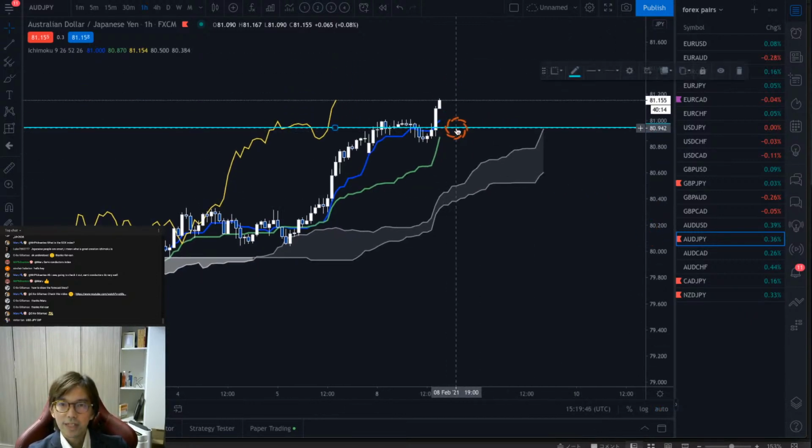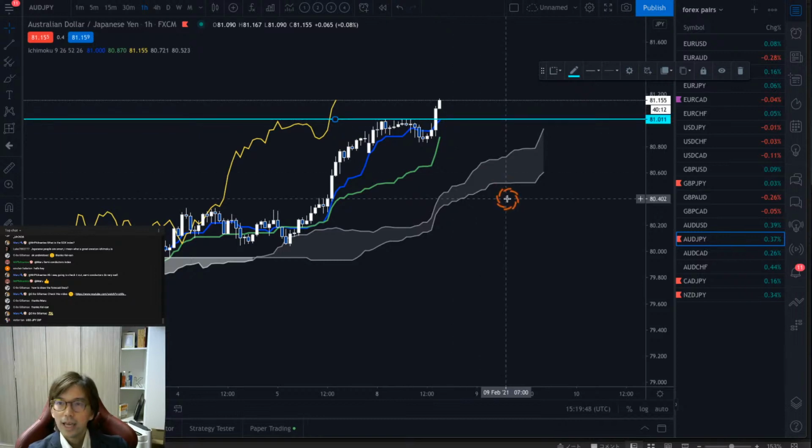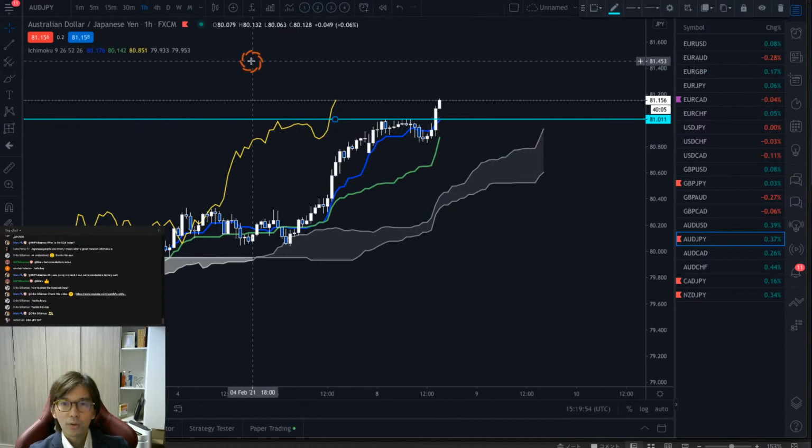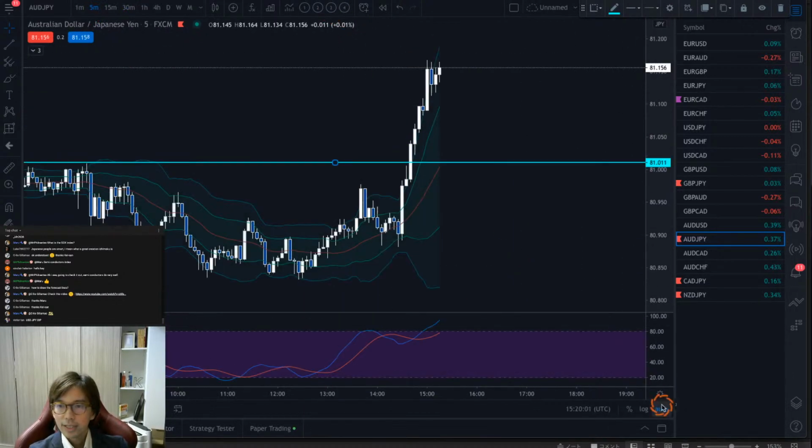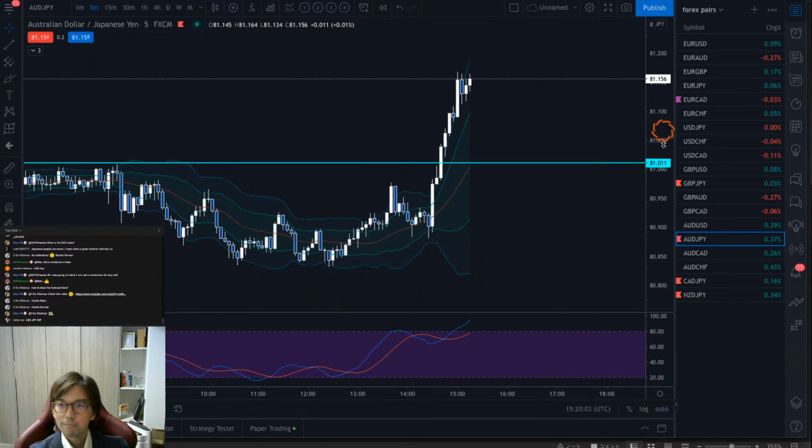It broke the previous high at the 81 level and continues to grow. So I look at the lower time frame, like 5 or 15. Let me choose 5 for today and see when to buy.